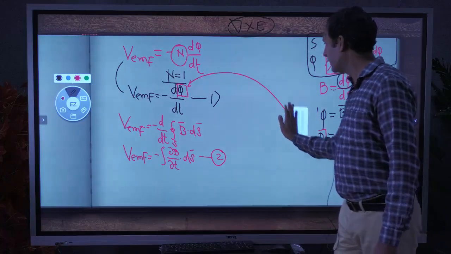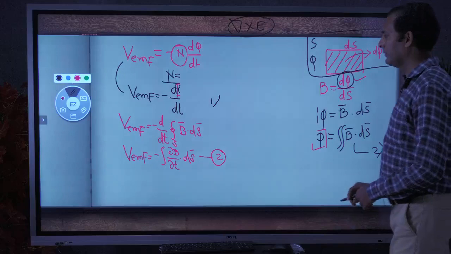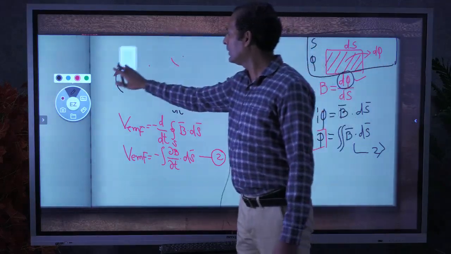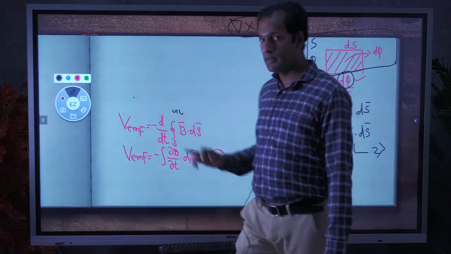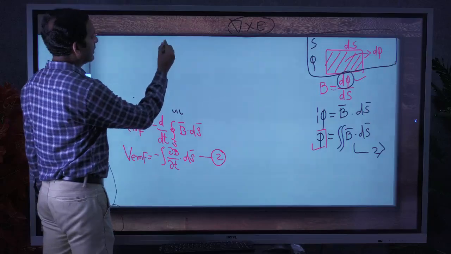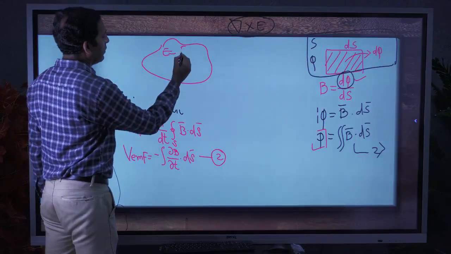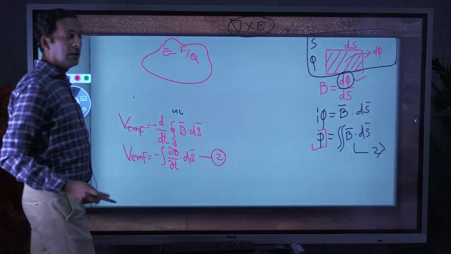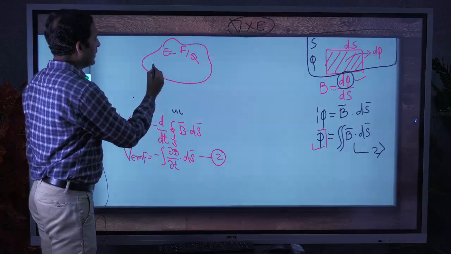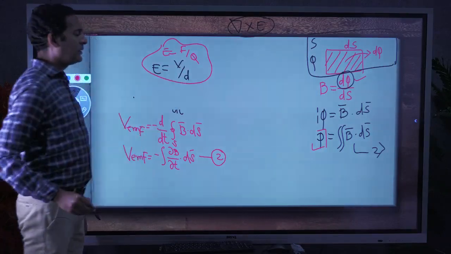So if you remember the basics of electric field intensity, so that I will draw here. If you remember the definition of electric field intensity, we had two definitions of electric field intensities. One is E is equal to force per charge, related to the Coulomb's law. Then another one is electric field intensity is volts per distance.